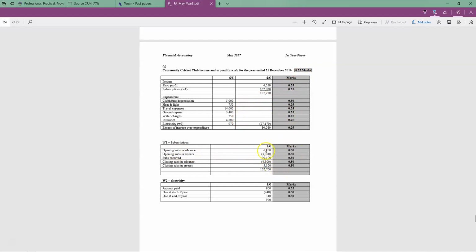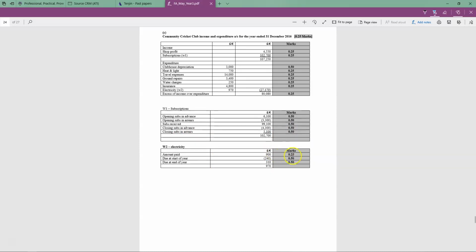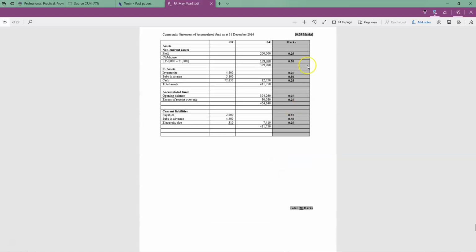It's way easier doing the T account. Then electricity, he's given little marks for working that out, and again there's marks going for putting them in, for having your amount due at the start as a minus figure and your amount at the end as a plus figure. Okay, and then again, look at the marks here for putting in your heading correctly, and then the marks for putting in the items in the correct either non-current assets or current assets, or into cumulative fund or into your current liabilities down along the page there.